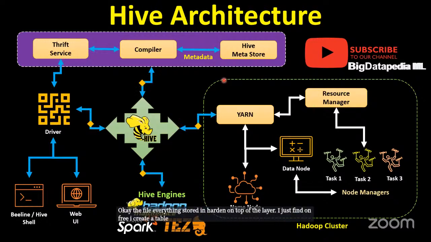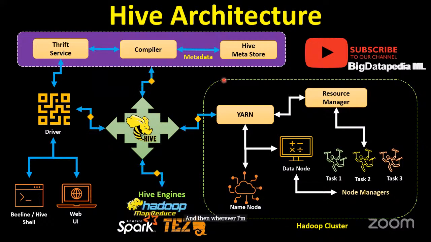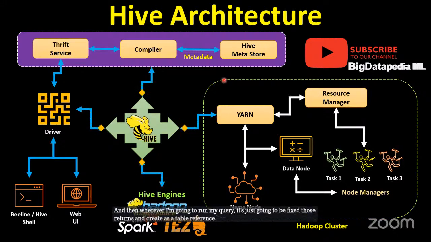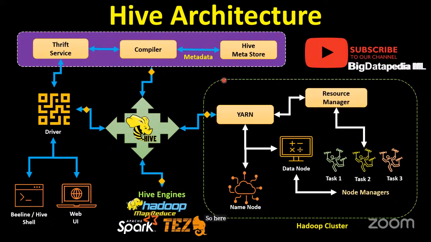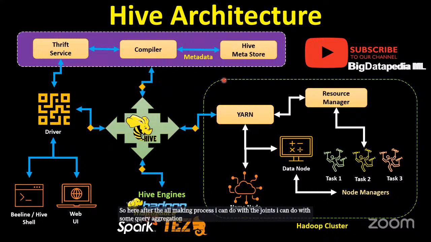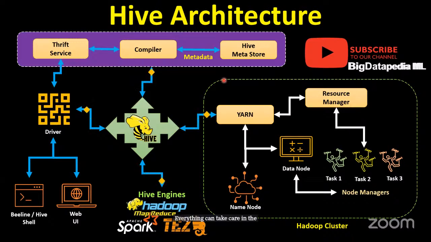I mention that the table should read the file from the location. That information I provide while creating the table itself. And then wherever I run my query, it fetches those records and creates them as table records. So after all my process, I can do joins and query aggregations, everything on a query basis. I don't want to touch the file object to read and modify it. Nothing is required. Everything can be taken care of and controlled by your Hive driver. That's the beauty.